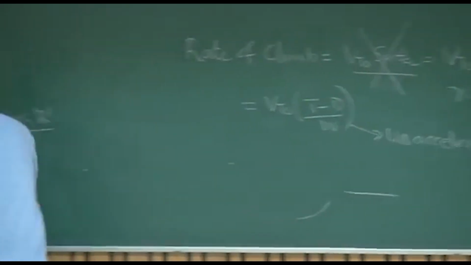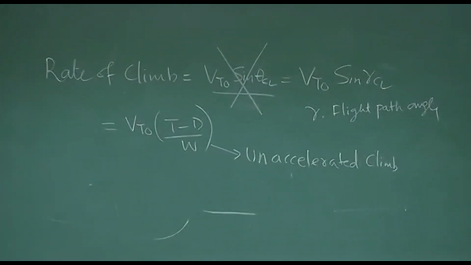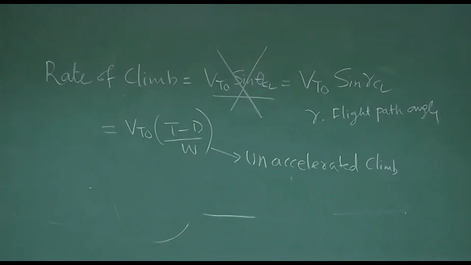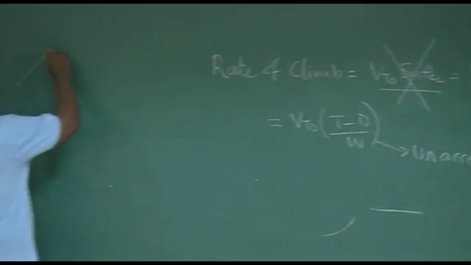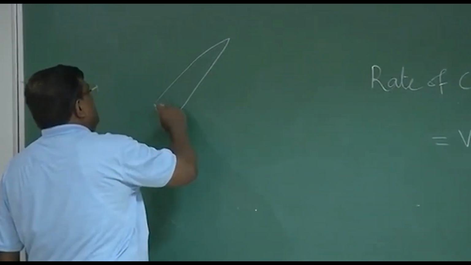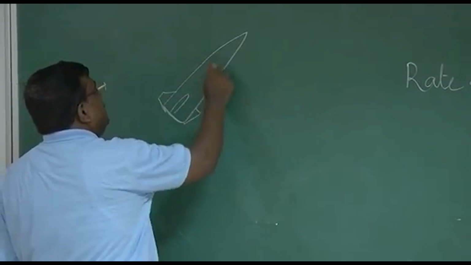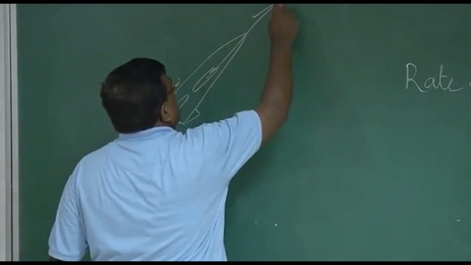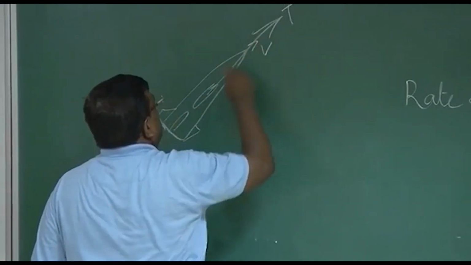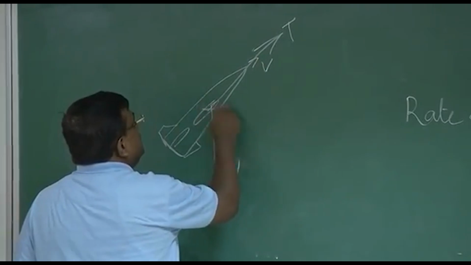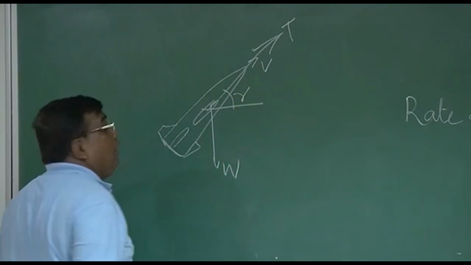Let us revisit, so that you do not have to flip further files. Remember, this is the airplane which is going with a velocity V. This is W. This is gamma, the flight path angle, not theta.